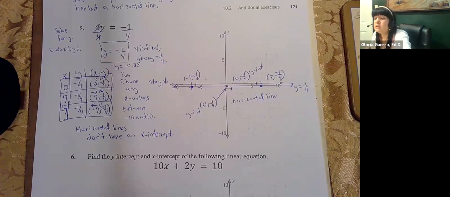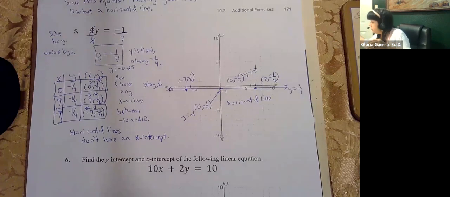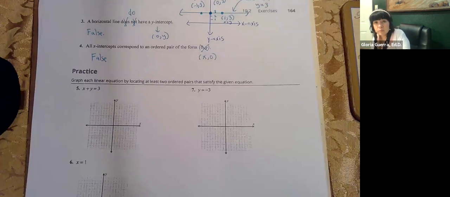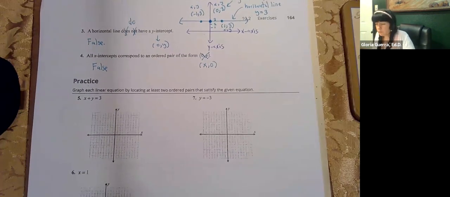Okay, and then let me see. Let me just look at the workbook. So we're talking about horizontal and vertical lines. Let me do one from the exercises. Let me show you on page 164.